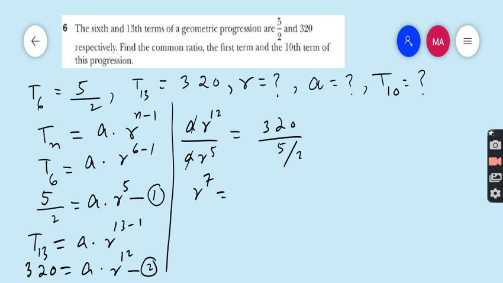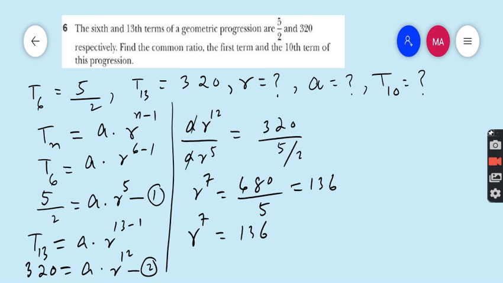So r to the power 7 equals the result, and we have to find r, not r^7.